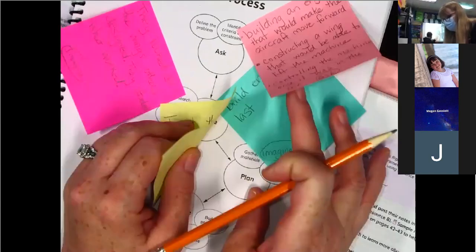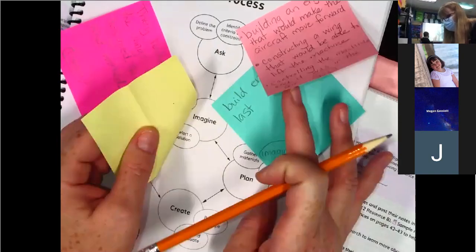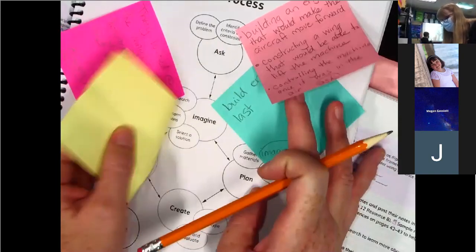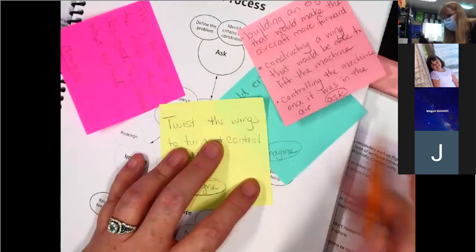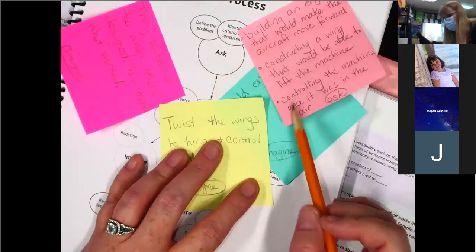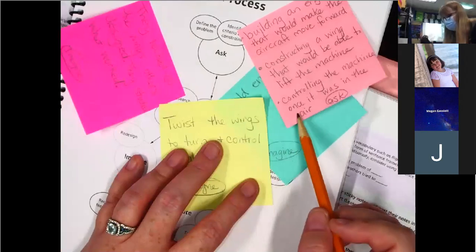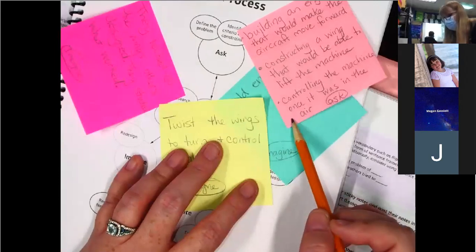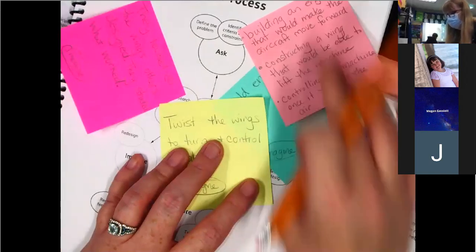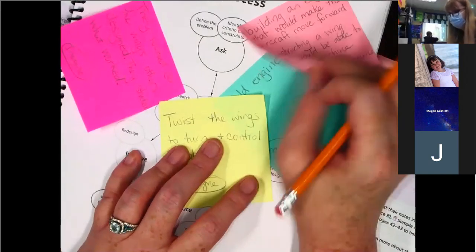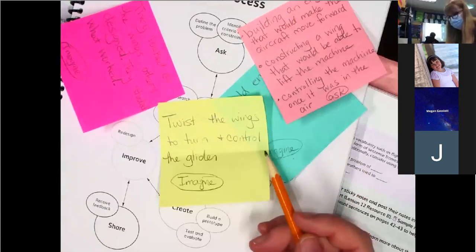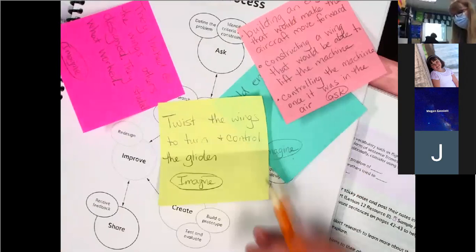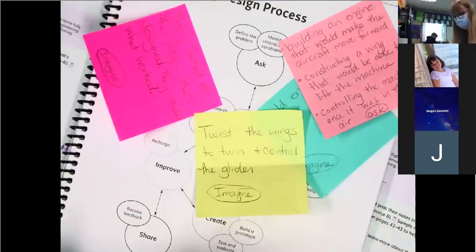Build the engine last, that was brainstorming a solution. Building an engine that would make the aircraft move forward, constructing a wing that would be able to lift the machine, and controlling the machine once it was in the air, that was identifying criteria and constraints, which is an ask part. Okay, thank you. I'm going to keep going through the pages as the teacher book tells me to go through. That's how I know which pages to read.